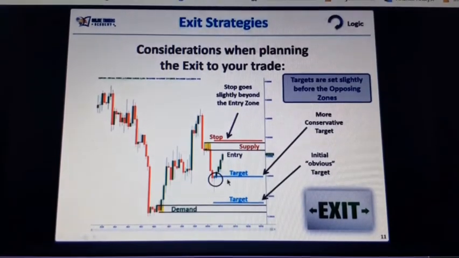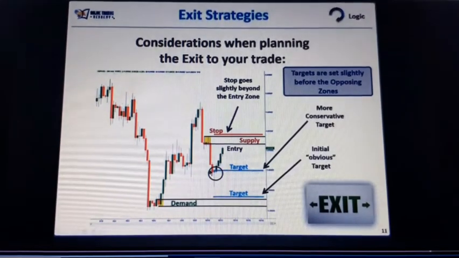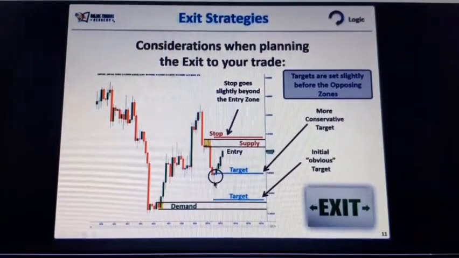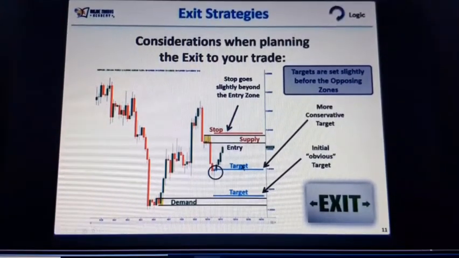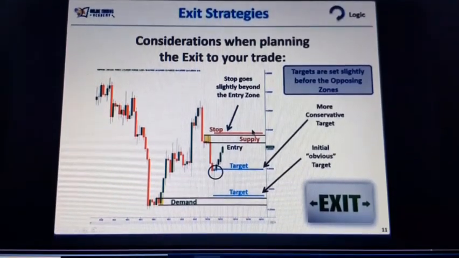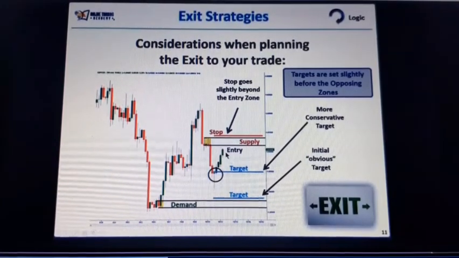If you book your first 50 over here, let's suppose the price hits the entry at the supply zone, this 50 is covered. Even if the price comes here and hits the supply zone, the rest 50 will get stopped out, but at least you have earned something for the 50 stocks that were in profit at this target.